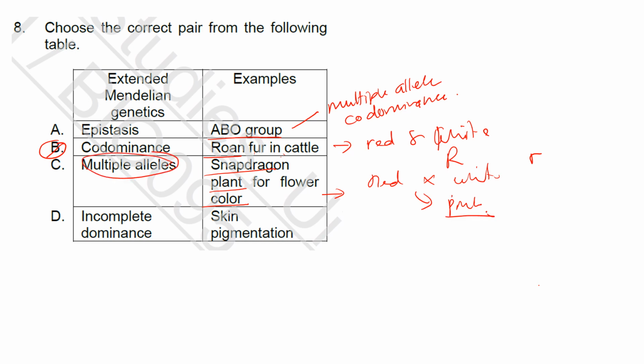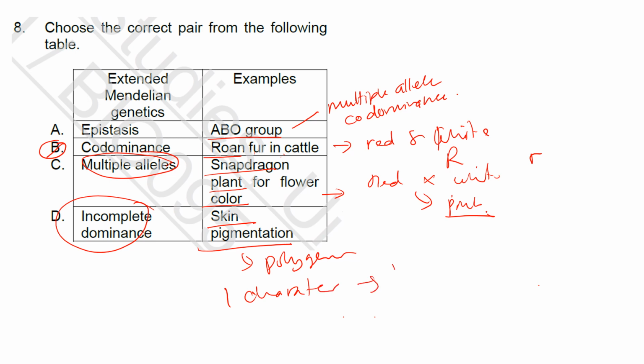So this one is not multiple alleles but incomplete dominance. The last one is skin pigmentation. Skin pigmentation is not incomplete dominance but polygenic inheritance, where one character, which is skin color, is controlled by 2 or more genes.